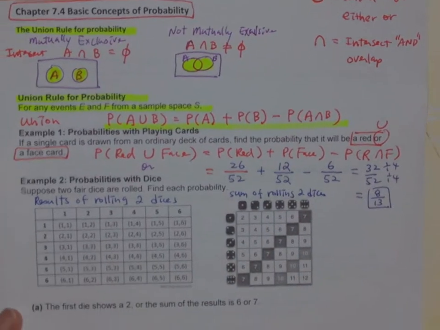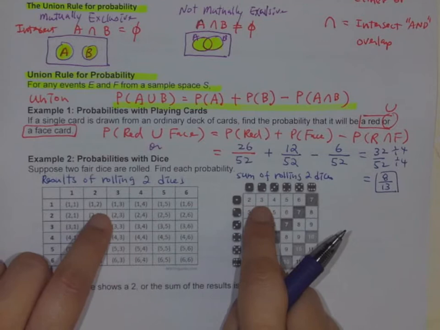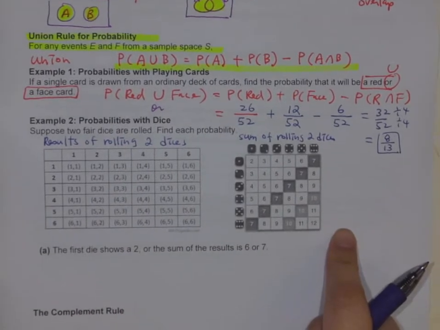So you don't have to list them by yourself, like 1 and 1 you get a 2, 1 and 2 you get a 3, etc. Those are your results. You may need that for your homework. Some of the homework questions may ask you that.